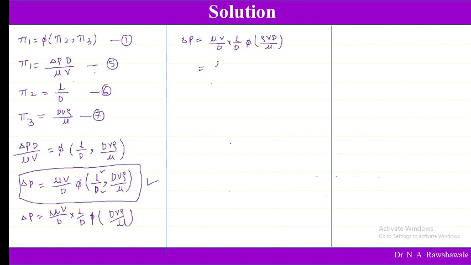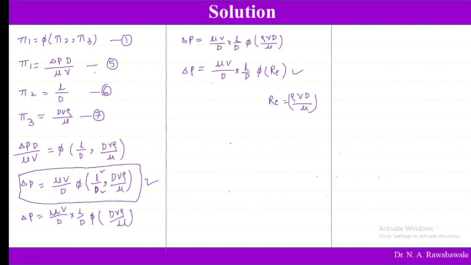We can write this as mu v divided by D into L by D, and a function of Reynolds number, where the Reynolds number is equal to rho v D divided by mu. So we can represent it in this way also.